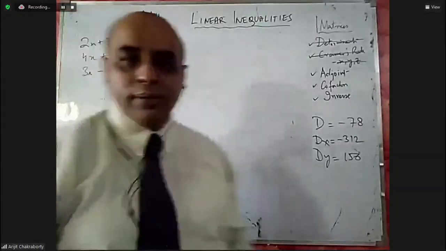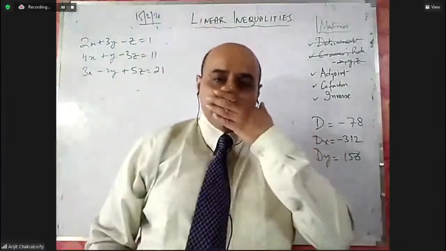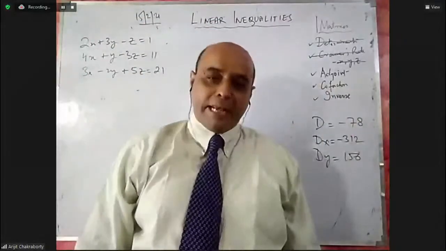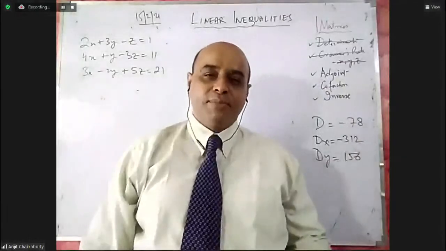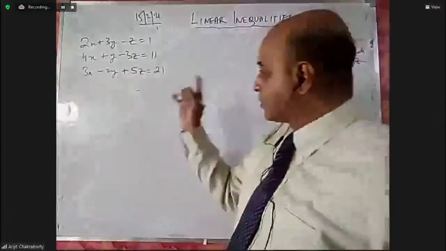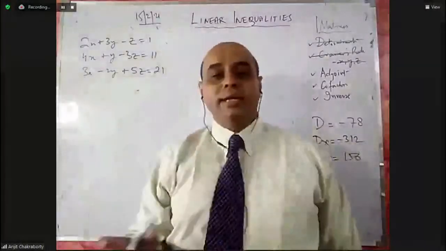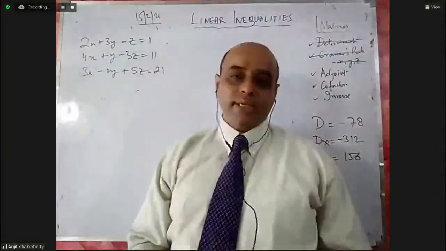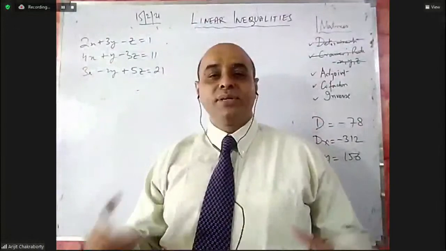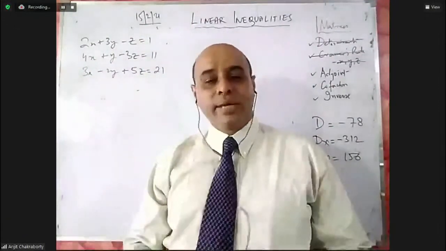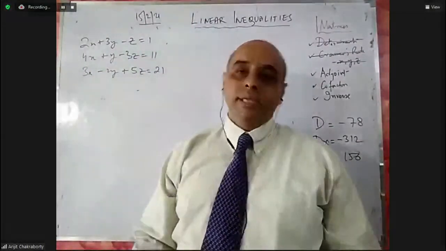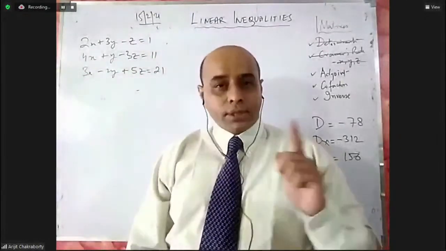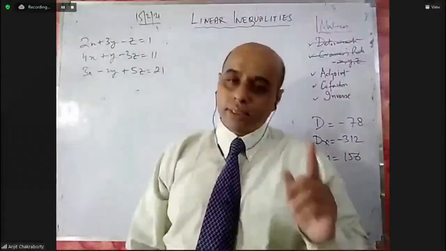Yes, many of you might be wondering that this takes so much time. But I'm explaining step by step. I'm doing it slowly, stopping to show you where the sign is changing when calculating the determinants. In the exam, of course, you don't have to show anyone or teach anyone. You just go on doing as fast as possible. But yes, these questions do come. Similarly, adjoint and inverse do come.